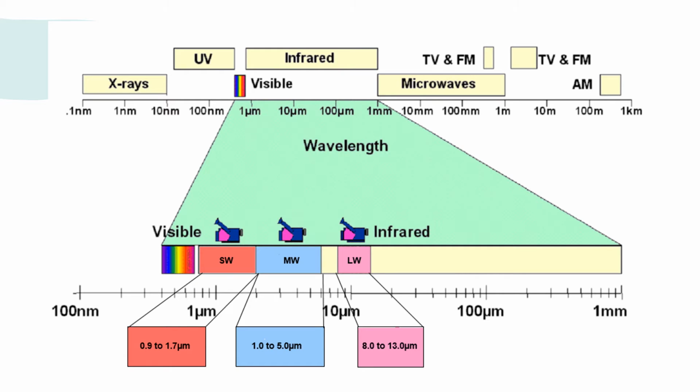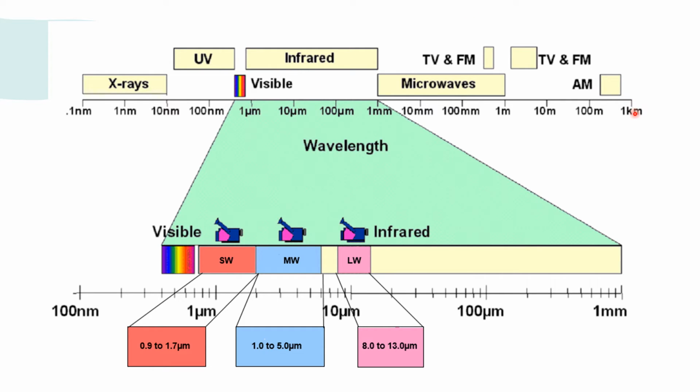The basics of infrared thermography. Here the picture shows the variation of the wavelength, from 1 kilometer to 1 nanometer, 0.1 nanometer, and there are various zones.